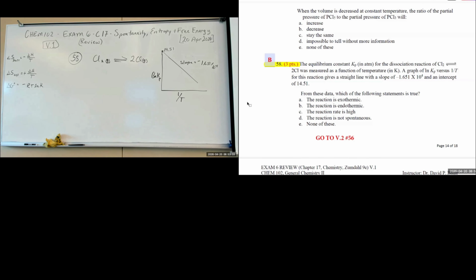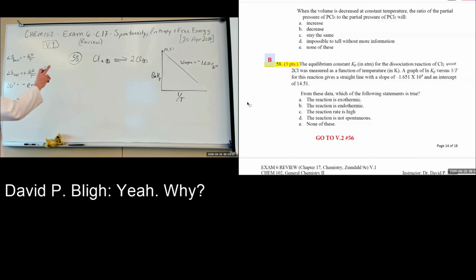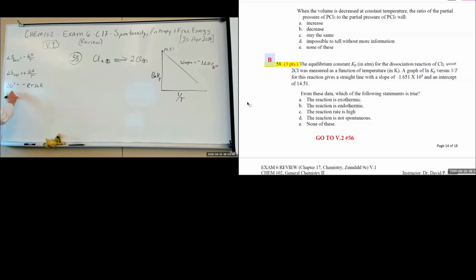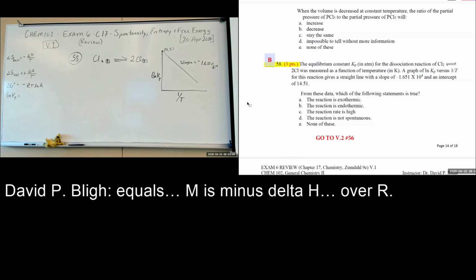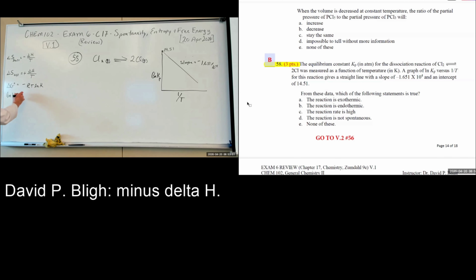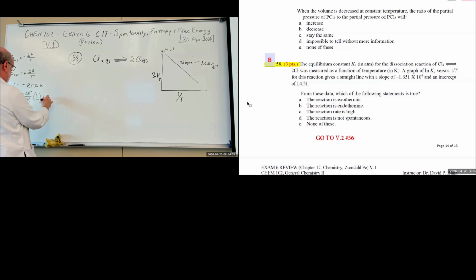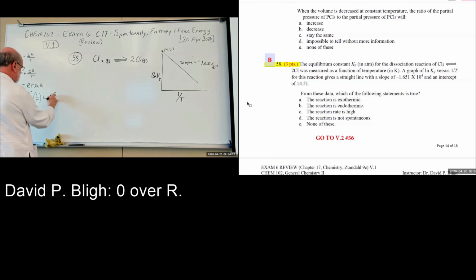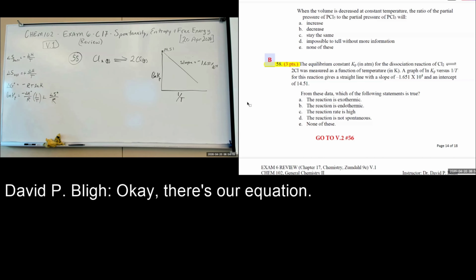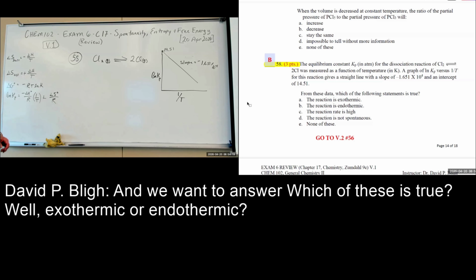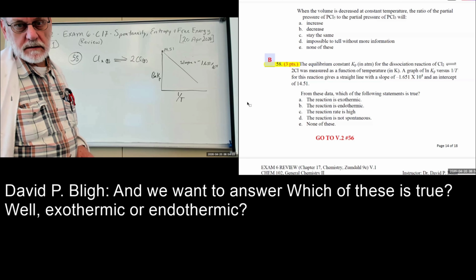What we're looking at is this equation: y equals mx plus b, where m is minus delta H over R, and b is delta S0 over R. Okay, there's our equation, and we want to answer which of these is true.